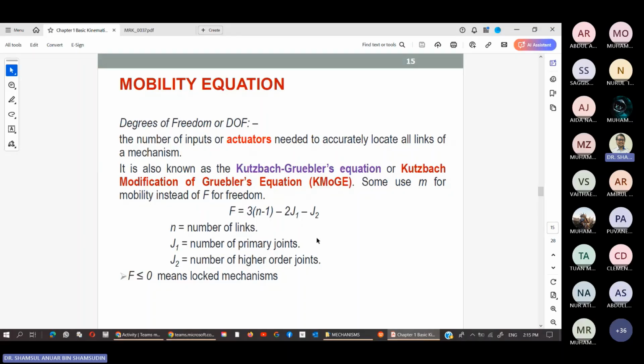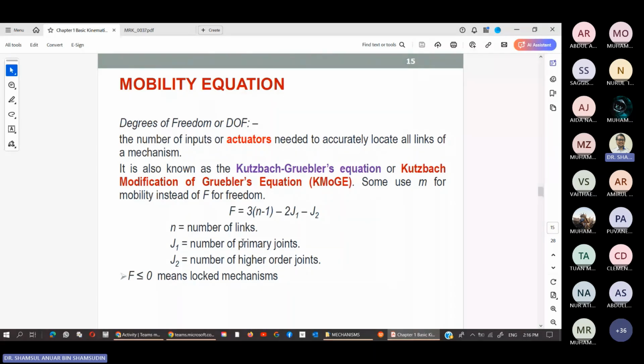J1 will be the number of primary joints, and primary joints include only two: either the revolute joint, or oftentimes we call it the pin joint. The symbol is R. And then the other is prismatic. If we have sliding, we call that a prismatic joint. The symbol is P. So R and P joints will go into J1.